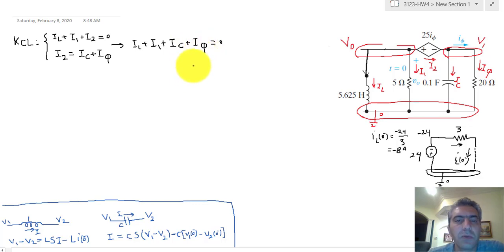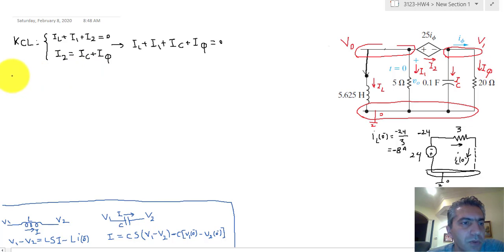Now for those of you that are familiar with the concept of a supernode, you know that this is the equation that you would get as a result of using that technique, and I don't really see any necessity to use any of those techniques, because just following our algorithm is going to result in the same thing, and there's no trick or confusion. So we're just going to stick to this.